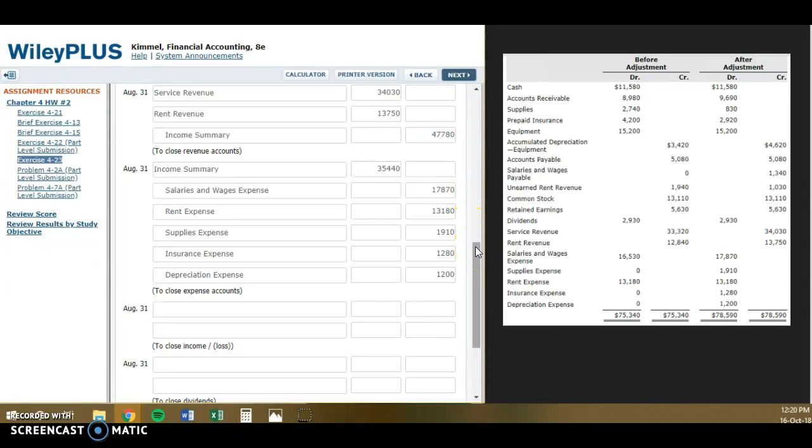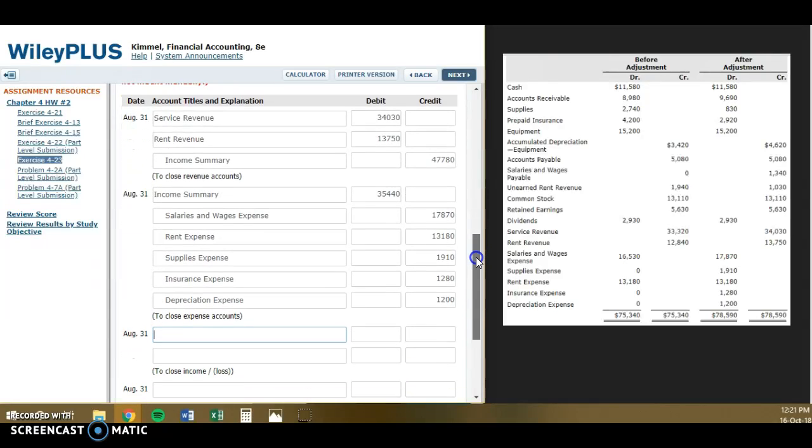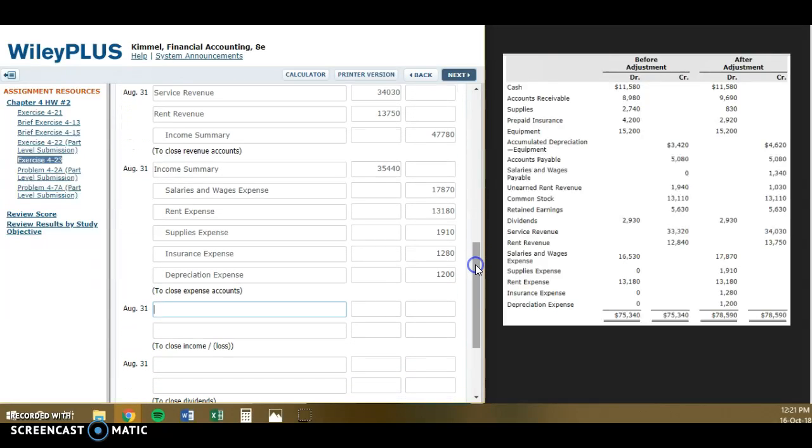So to get our income summary, currently it would be subtracting these two, because we want the income summary account to equal 0.